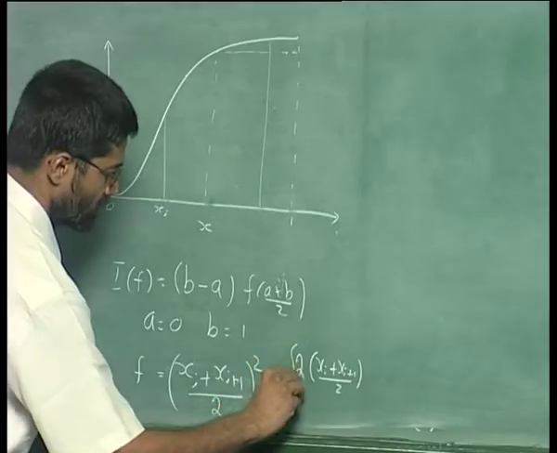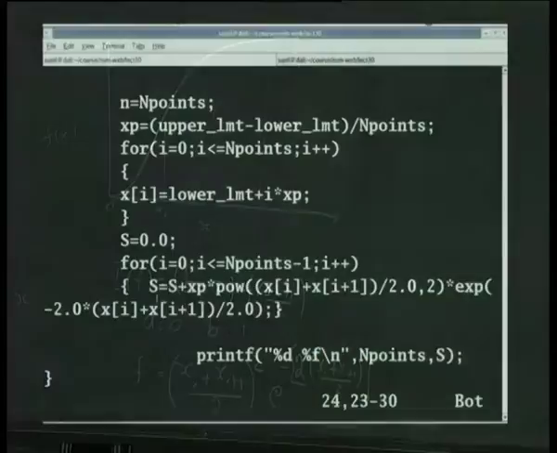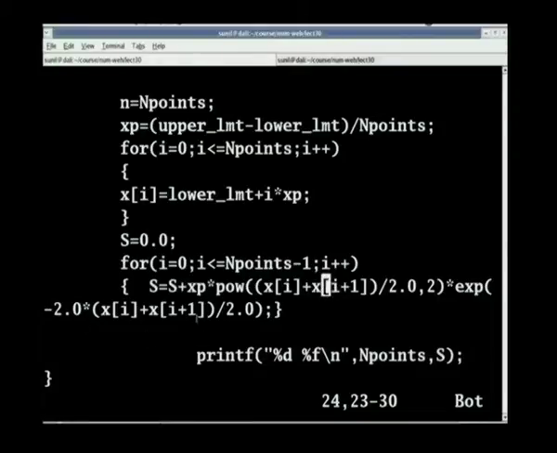So that's what I am evaluating here. You could cancel this 2 and 2, but I wrote it just for clarity, to show you that this is actually evaluated at the midpoint between this interval i and i plus 1. That's where I am evaluating the function.